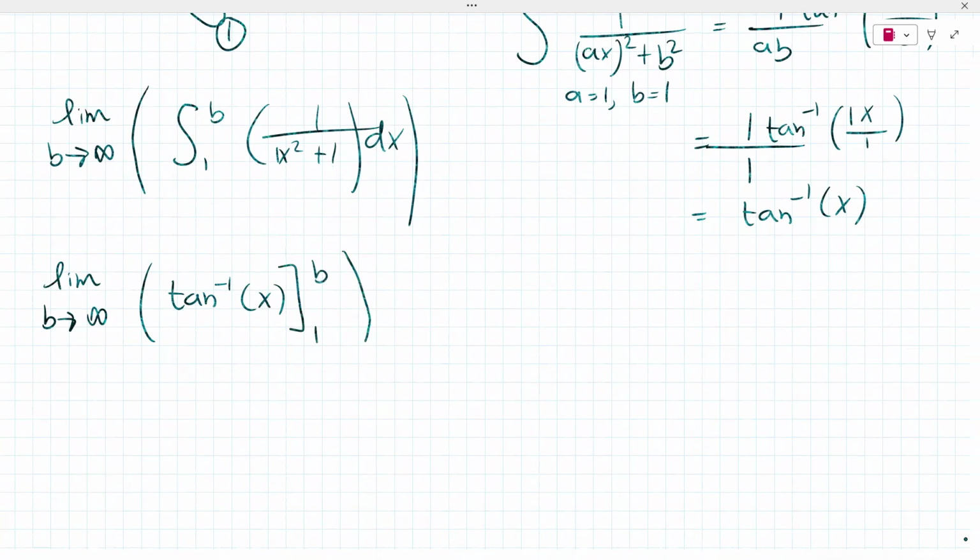So now you can apply the fundamentals, so it would be the limit, and apply your upper minus lower, so it's going to be tan inverse of b minus tan inverse of 1.